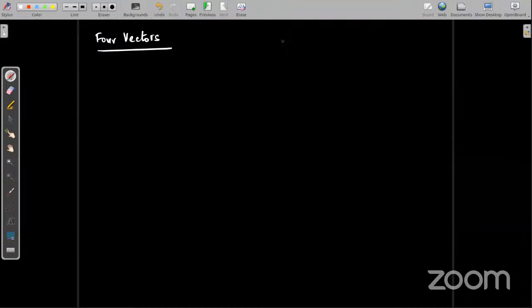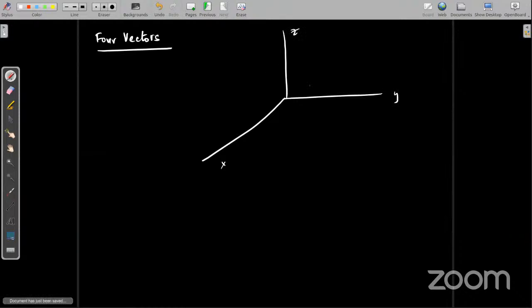So in 3 dimensions, we have our x, y, z directions. Any vector here, let's call it r, has 3 components: r equals xi plus yj plus zk.